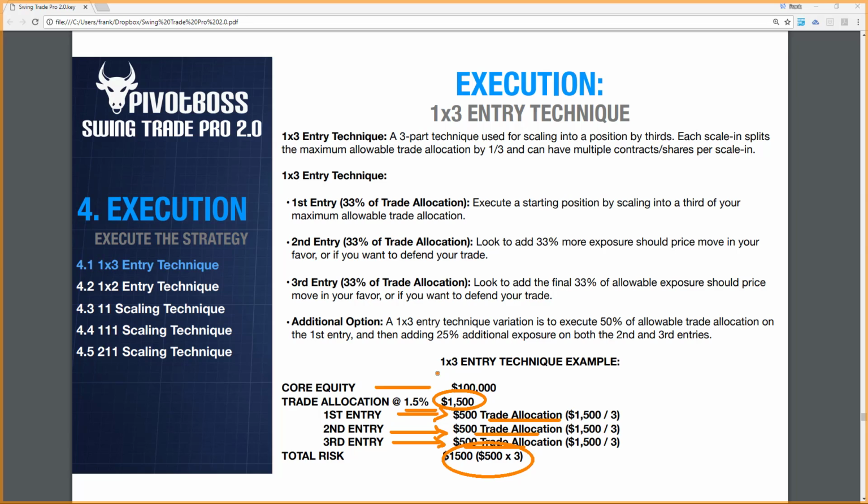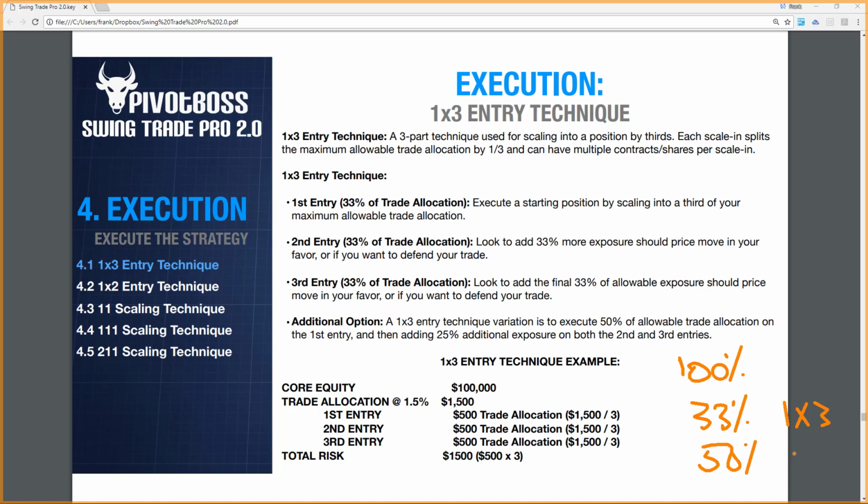So again, I really like this technique for scaling into trades. And typically speaking, again, you can scale in any number of times you want, right? There are times where I go 100% of trade allocation right away. That's 100% entry. Other times I'm looking at the 33% entry, which is the 1x3. And other times I'm looking at the 50% entry, which is the 1x2, which we'll discuss soon.